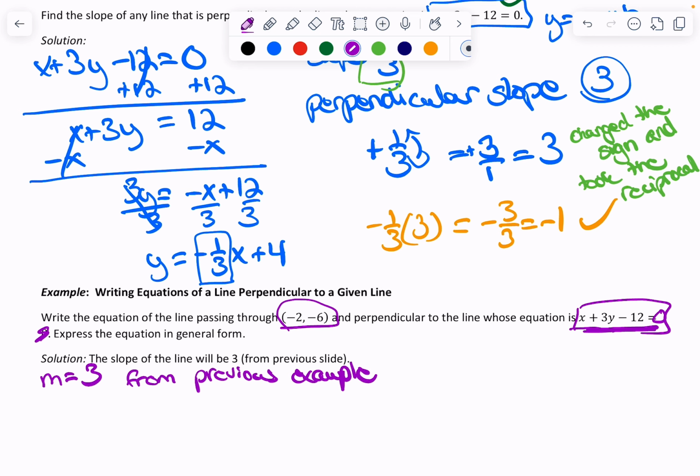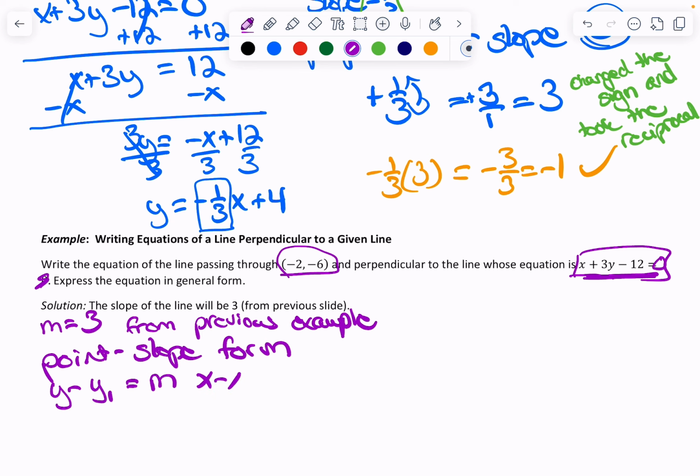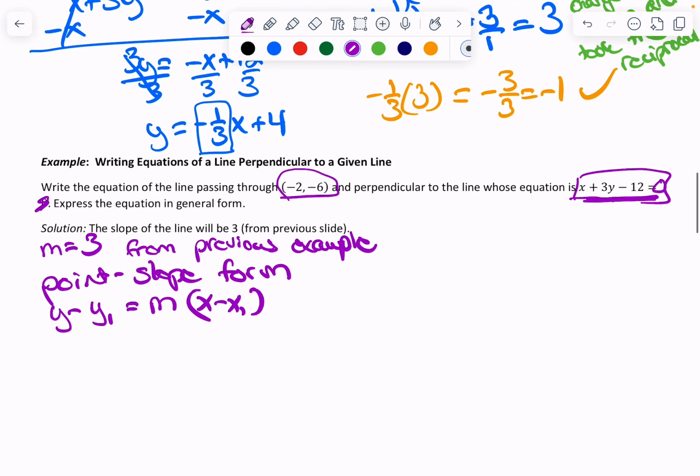Okay, so we have the slope and we have a point, so we're going to use the point slope form first. So that is y minus y1 equals m times (x minus x1).